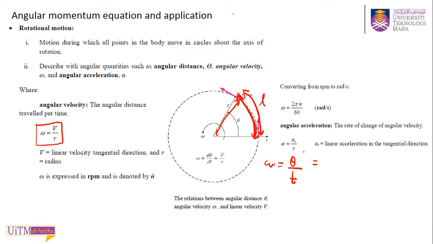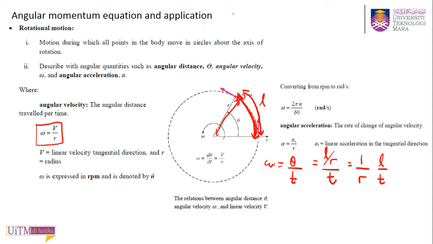So this theta is actually equal to the length of this part over R. So L over R over T. And if you take the R outside, you have 1 over R times L over T.